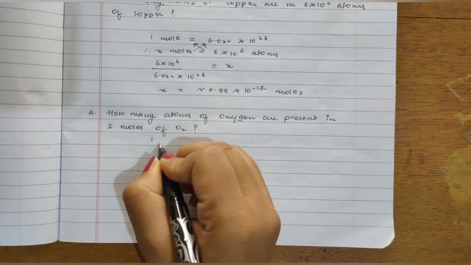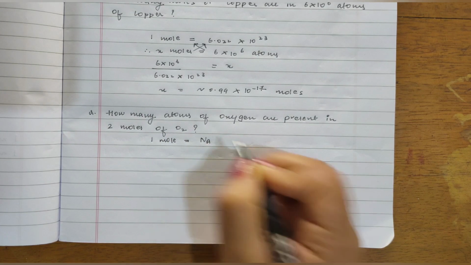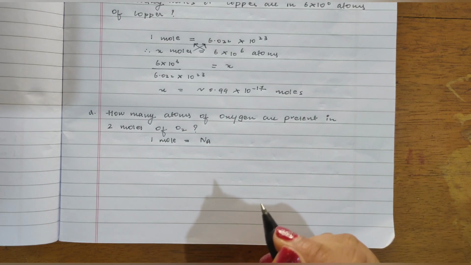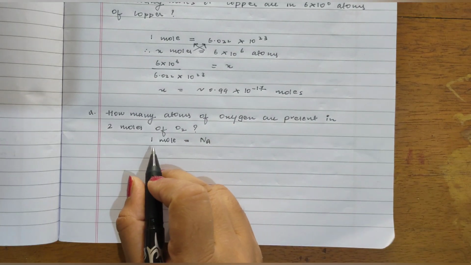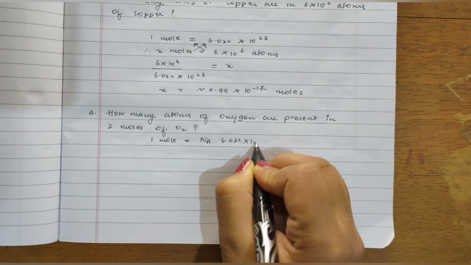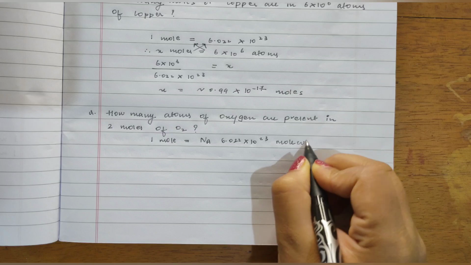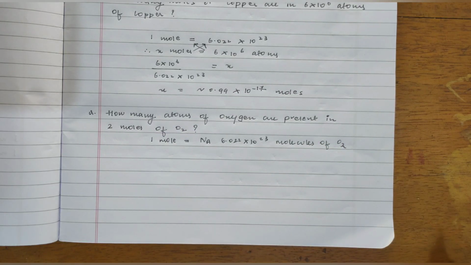Start with your basic understanding. 1 mole will correspond to Avogadro's number. Let me tell you, 6.022 into 10 to the power 23 is also represented as capital N with a subscript A, NA, which is a symbol for Avogadro's number. So 1 mole corresponds to 6.022 into 10 to the power 23 molecules of dioxygen, O2, right?